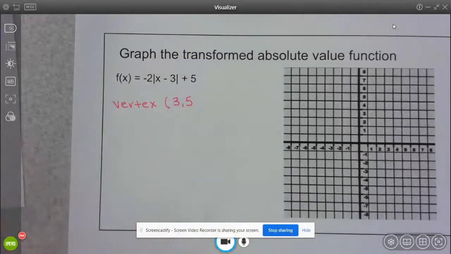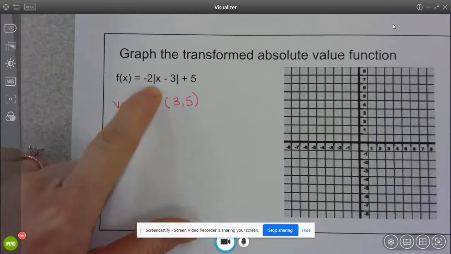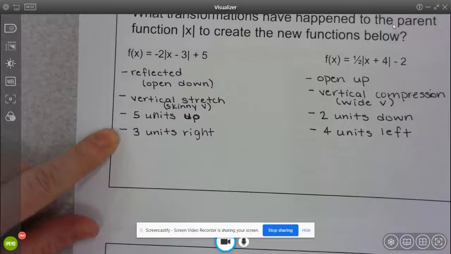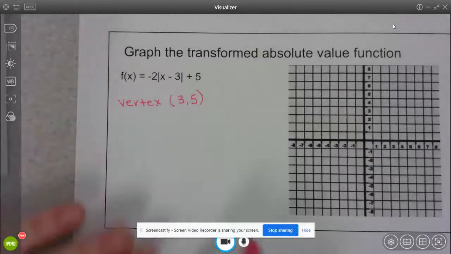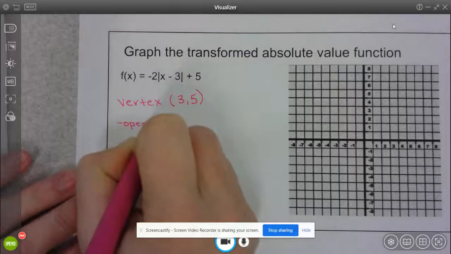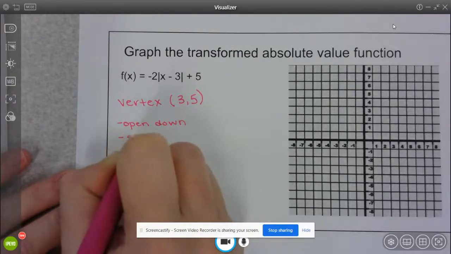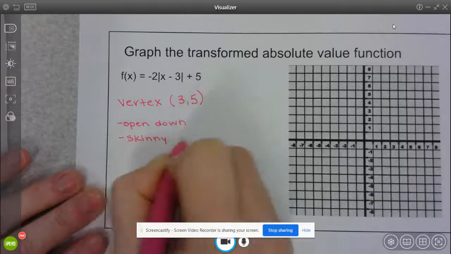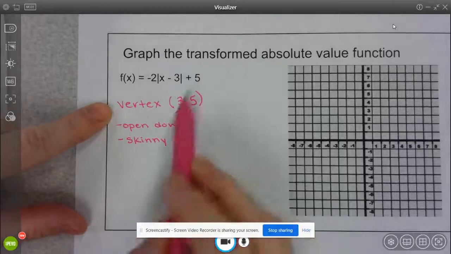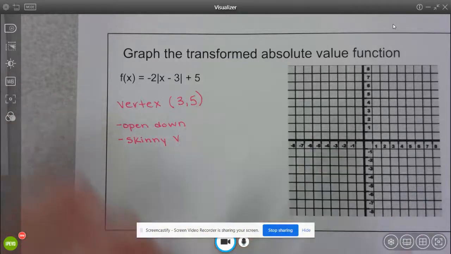Now you'll notice this is the same function we just did when we were talking about our transformations. So it's going to open down. It's going to be a skinny V. And I have my right 3, up 5 already.